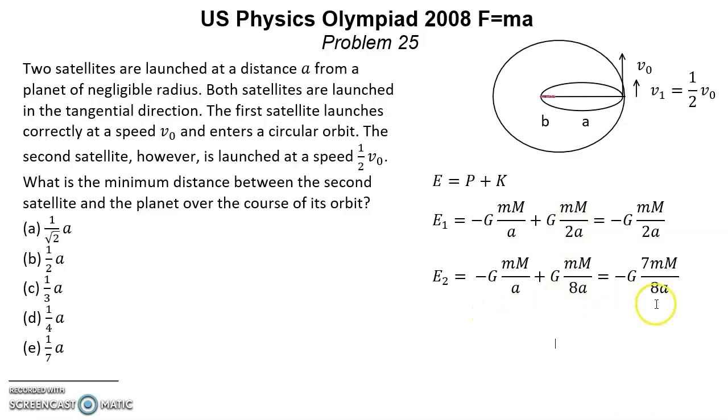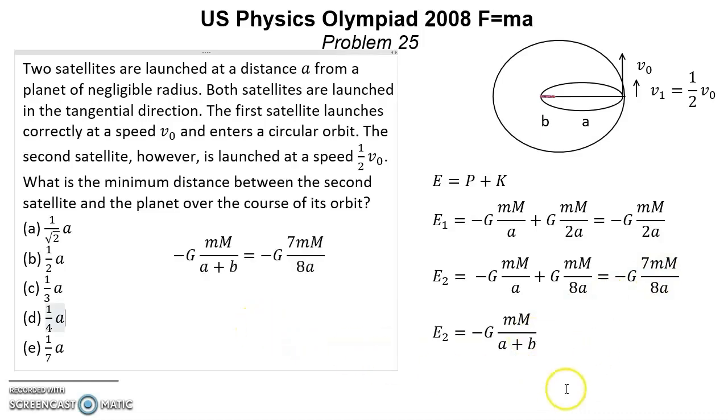So finally we have this expression for the total energy of the second satellite, which is negative 7GMm over 8a. This is from one hand, but from the other hand we know that this energy equals this expression. It's the same as this expression, but for an elliptical orbit. And now we can just equate this part and this part.